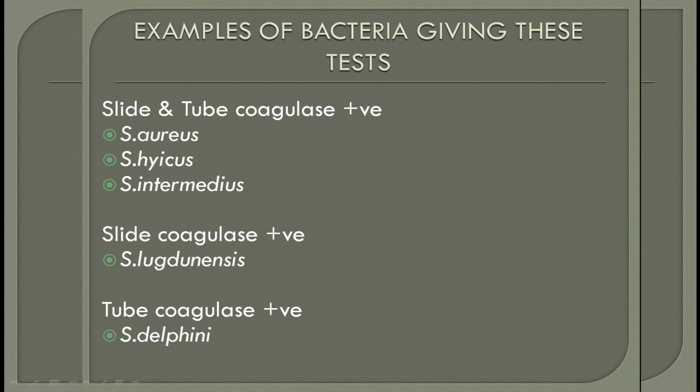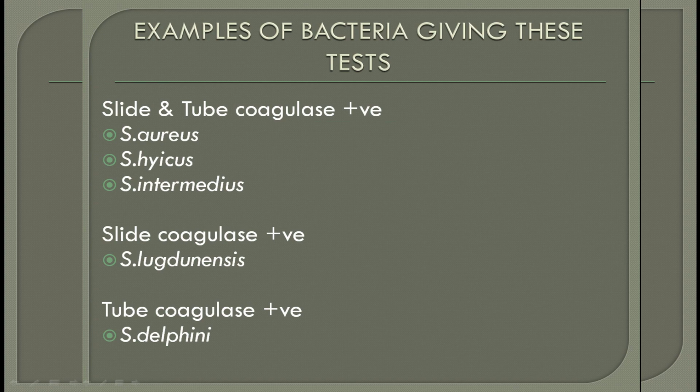But even within these Staphylococci, both slide coagulase and tube coagulase positive is given by Staphylococcus aureus, the most important and more pathogenic Staphylococcus, Staphylococcus hyicus and Staphylococcus intermedius. Only slide coagulase positive, not tube coagulase, is a very important example, Staphylococcus lugdunensis.